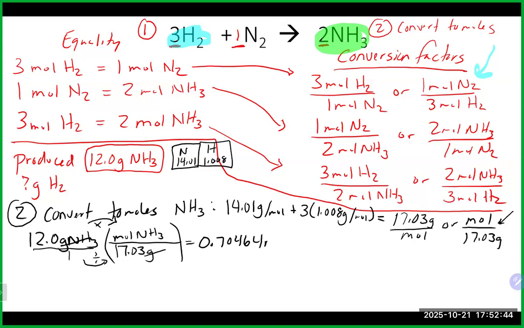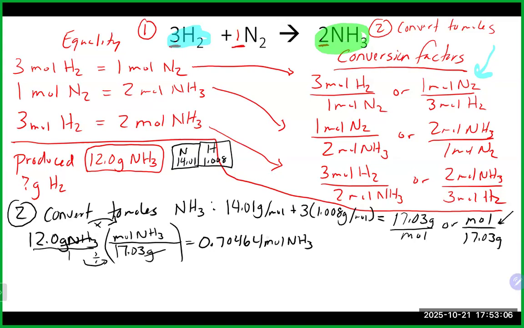I'm not going to round too much because I'm not done with the calculation, so I'll keep a few extra digits. So we have balanced the equation and converted what they gave us into moles, and the whole purpose of that second step is to set you up for the third step, the stoichiometry step.